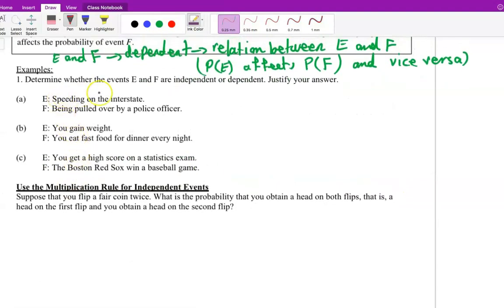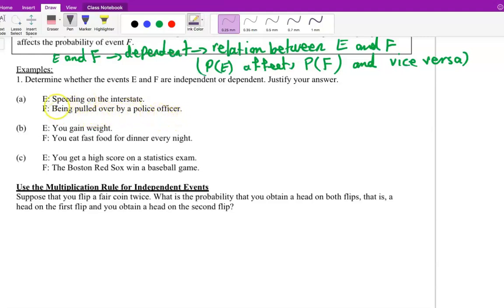Okay, now example. Determine whether the events E and F are independent or dependent. Part A, we have these two events E and F. The first one on top, E is speeding on the interstate, and F is being pulled over by a police officer.